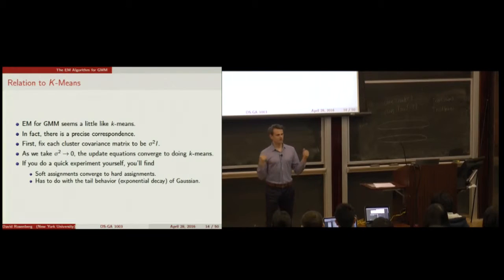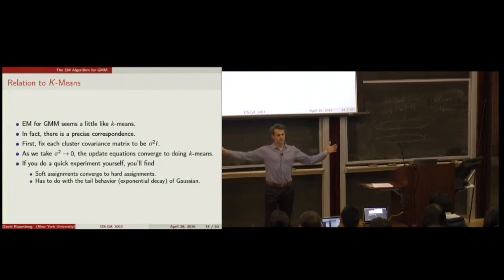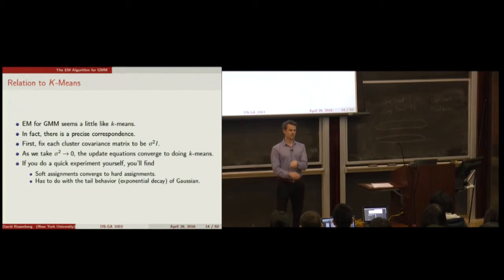So if you're very far from the Gaussian center, or equivalently, if the variance is very small, then the likelihood for the cluster that you're closer to will be, in some sense, exponentially larger than the one that you're further away from. The ratio of them will be very large when those variances are very small.